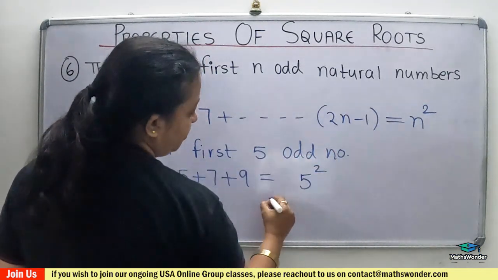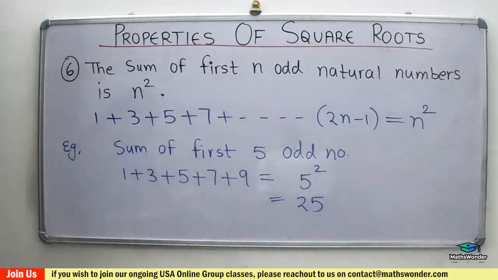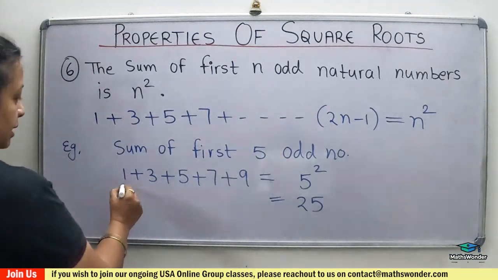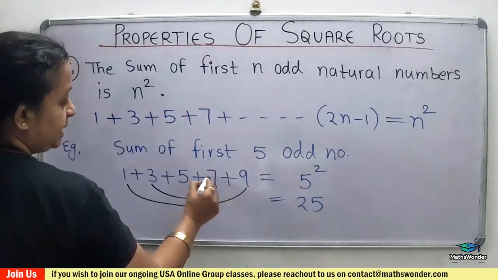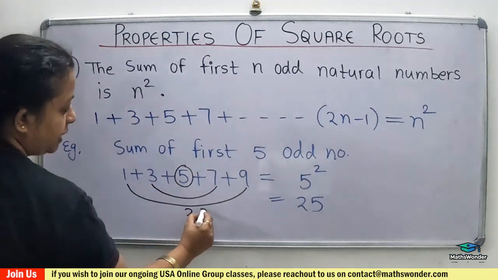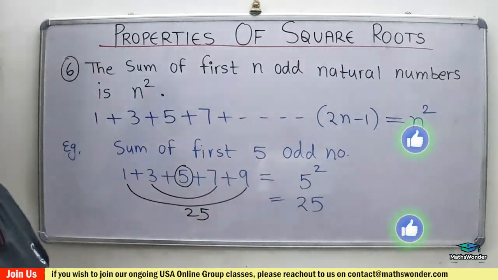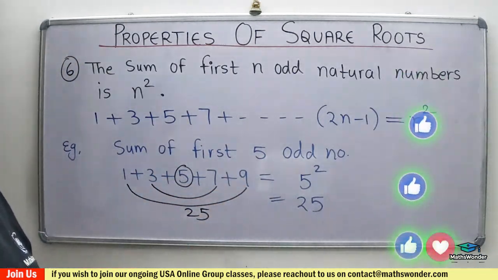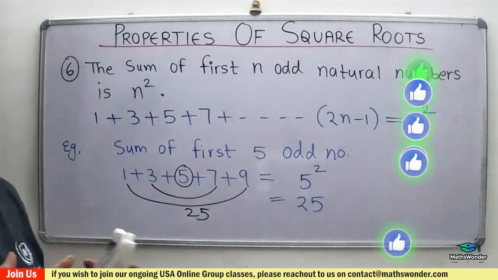So 5 square will be 25, right? And when you add it now, automatically you will get 25. How? 1 plus 9 is 10. 7 plus 3 is 10, and 5. So the total is 25 automatically. And if you square 5, you will get 25. So the sum of the first n odd natural numbers is n square.